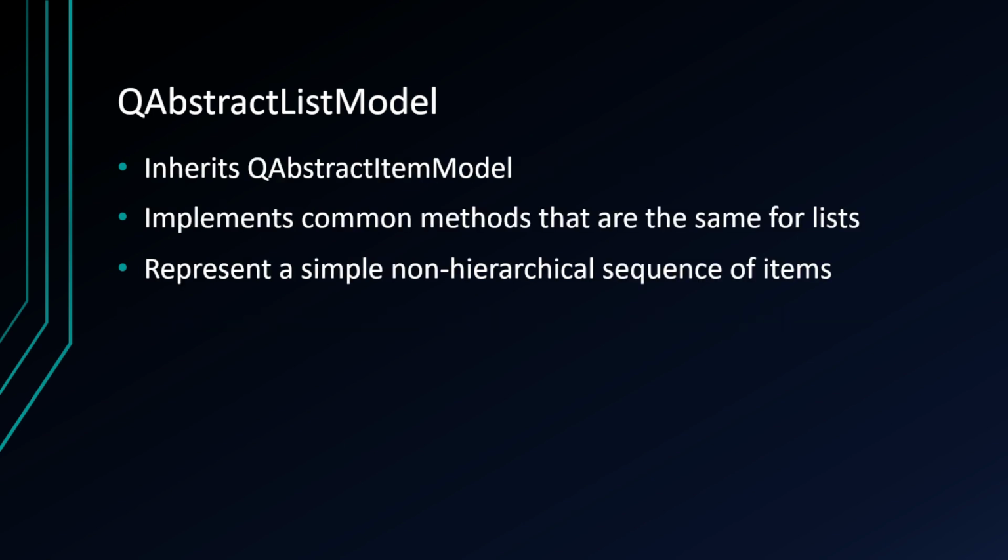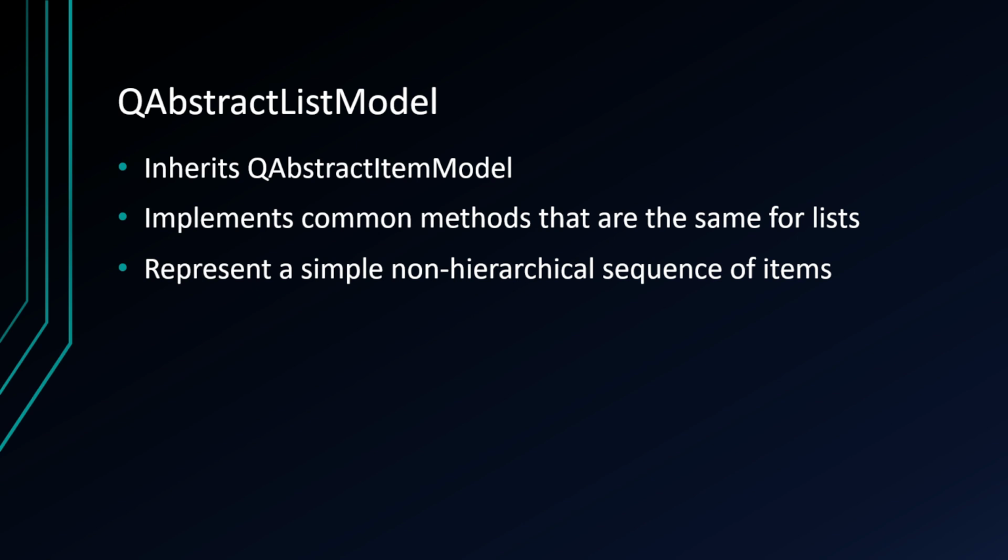But you don't always have to use QAbstractItemModel and implement everything on your own. There are common usages of this class, for example, a list. Qt provides us with QAbstractListModel, which is also abstract and also has to be subclassed. But as the name suggests, it is already a non-hierarchical sequence of elements.